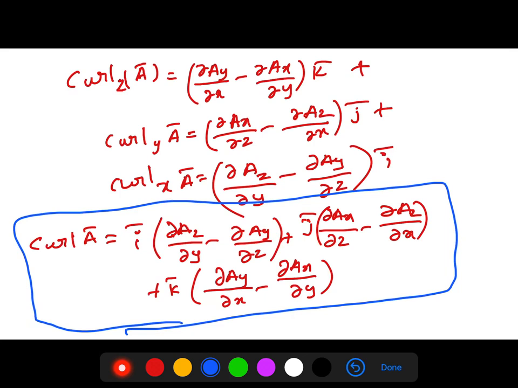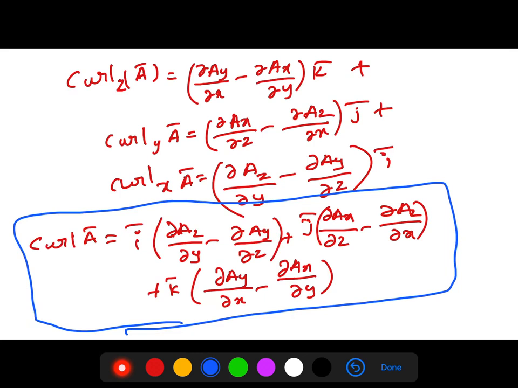Here if j bar refers to the unit vector along the y direction, then the components don't contain y. Similarly k bar is along the z direction, but the components don't contain z, as you can see, dou Ay by dou x minus dou Ax by dou y.